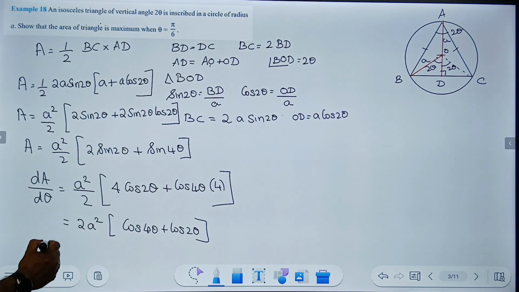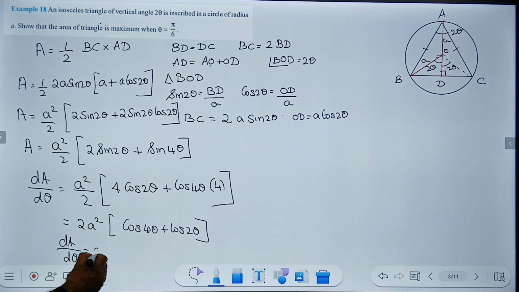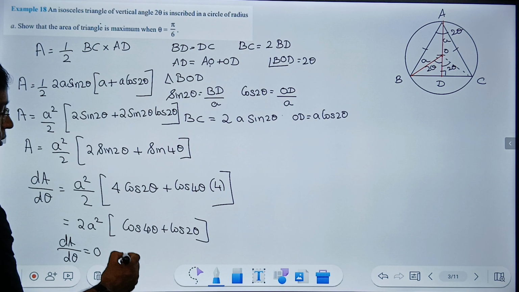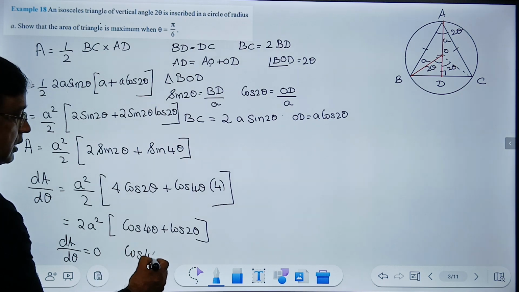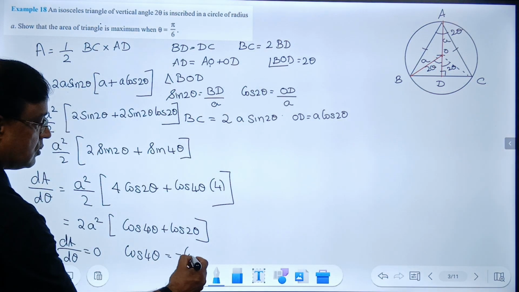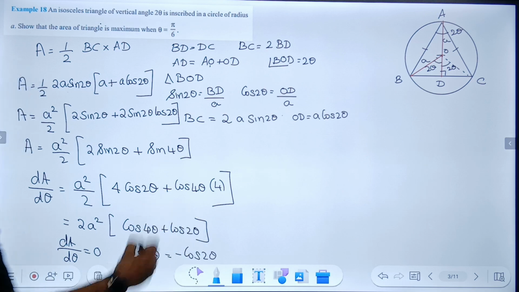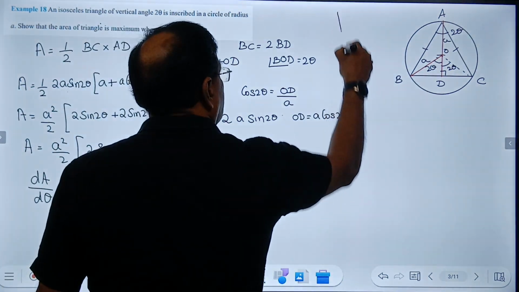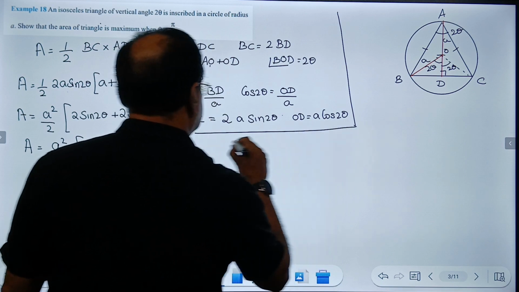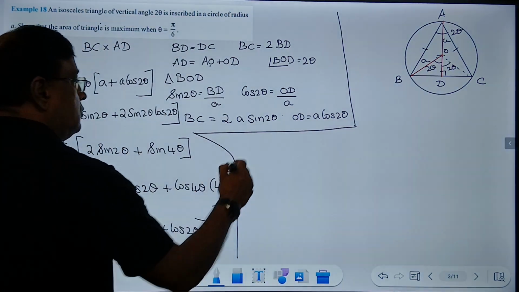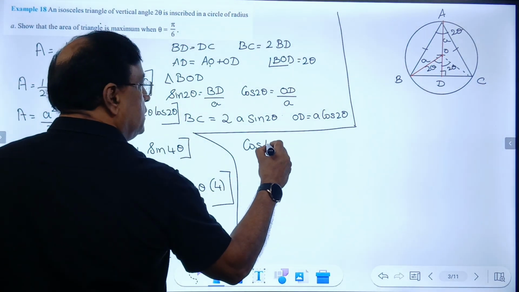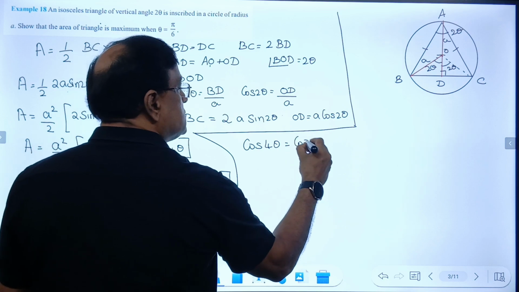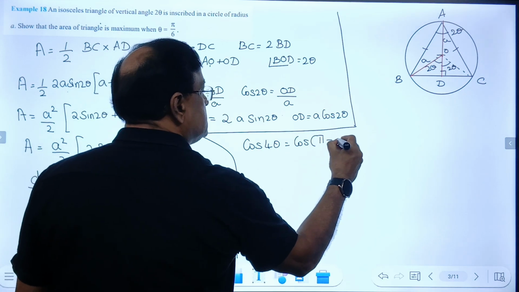Now equate it to 0. dA by d theta is 0. When I equate to 0, I get cos 4 theta equal to minus cos 2 theta, which can be written as cos 4 theta equal to cos of 180 minus 2 theta.